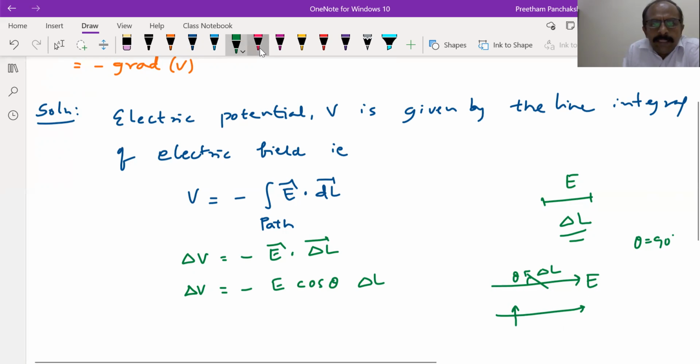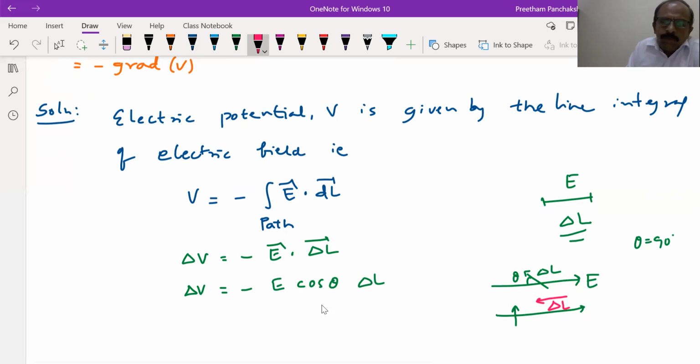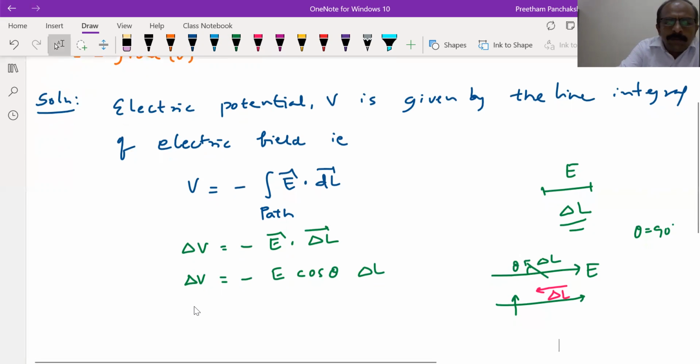When theta is 0 degree, that is, if the unit positive charge is moving in the direction exactly opposite to electric field, then the angle between E and delta L becomes 0. When they are 0, cos theta becomes cos 0, that is equal to 1. So that is the maximum value of cos function. So when theta equal to 0, we will get the maximum change in potential with respect to distance.